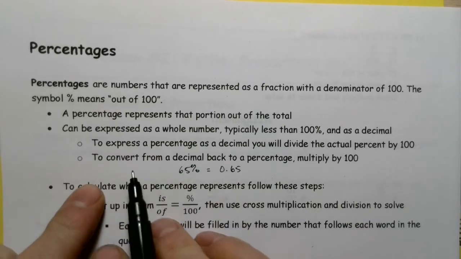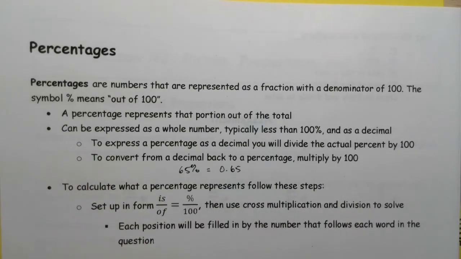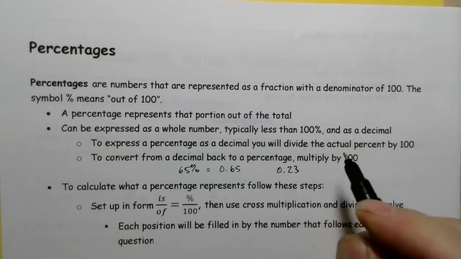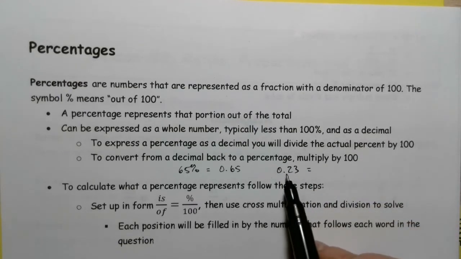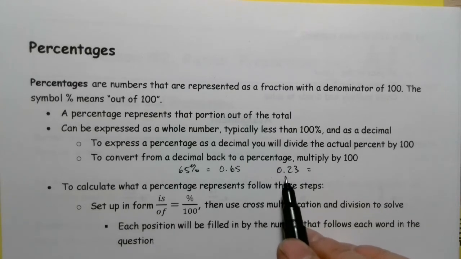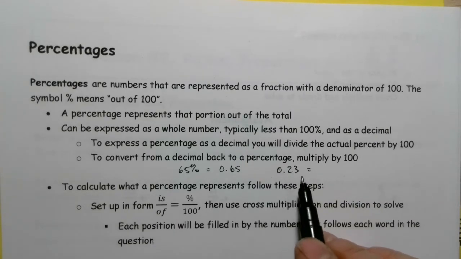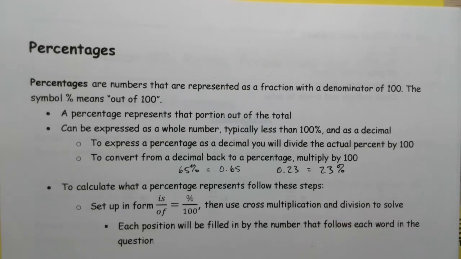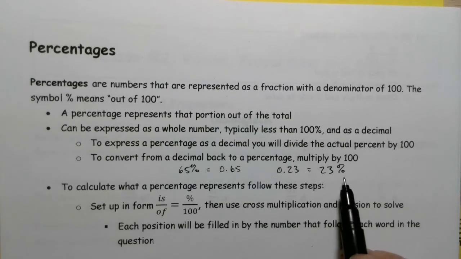To convert a decimal back to a percentage, you simply multiply by 100. So let's say I had 0.23. I can convert that to a percentage by multiplying by 100, which means moving the decimal 2 spaces to the right. So 23 percent, a fraction out of 100.